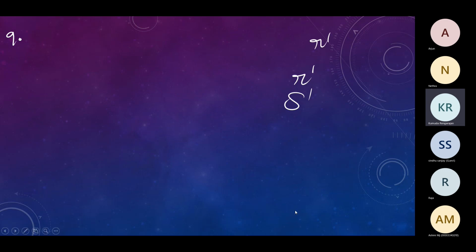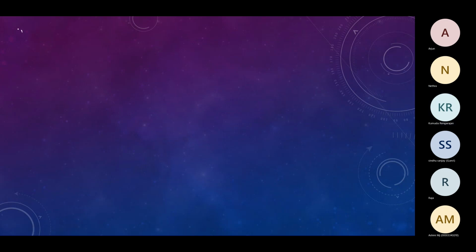Is it understood, children? What is given in the question? How many small spheres are there? 27. What is the radius of each small sphere? R. What is the surface area of each small sphere?